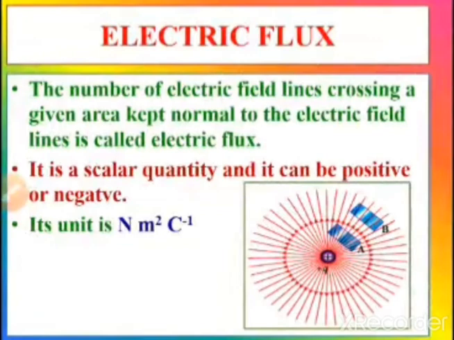Now we consider three cases. First, the area A is normal to the electric field lines. Second, the area A is parallel to the electric field. Third, the area is perpendicular to the electric field.